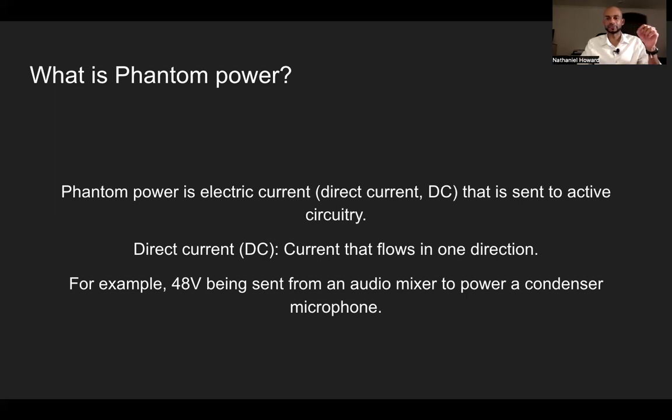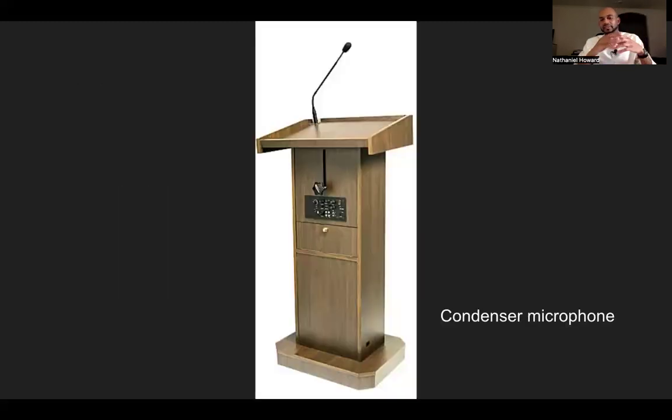On the mixer, you see a button that says 48 volts, and that button will allow the audio mixer to send power to this particular microphone for it to be able to work. It cannot work without that voltage. Some of them have a battery you could put inside of them, but a lot of them are just through volts you send to them. And this is one of them, a condenser microphone.